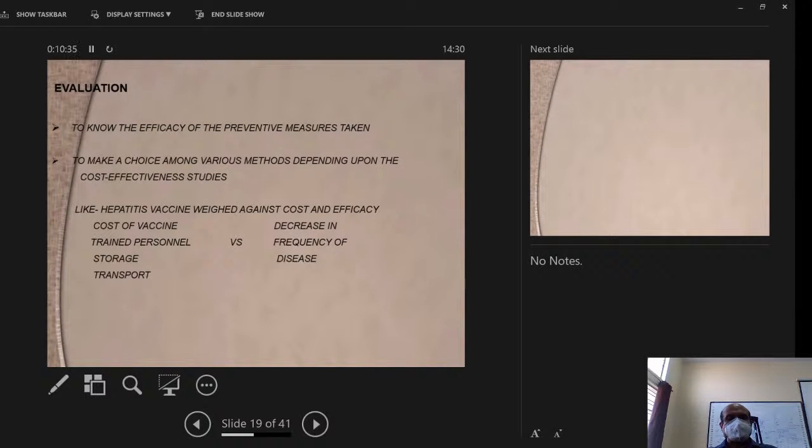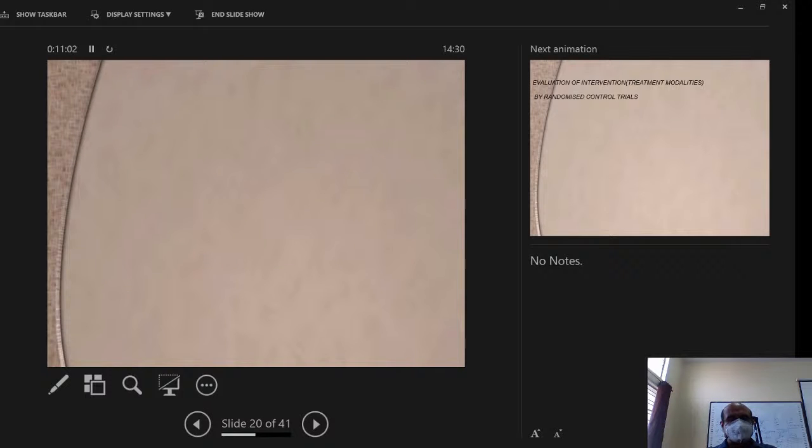Now coming to evaluation, to know the efficacy of the preventive measures taken, it is done to make choice among various methods depending upon the cost effectiveness of the study, like hepatitis vaccine, weighed against the cost and efficacy.